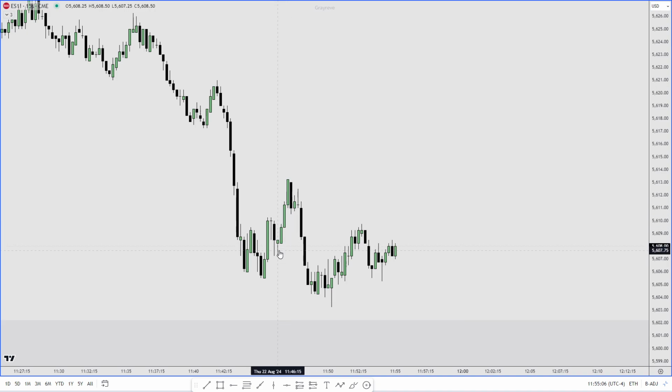We're still trading back up into this fair value gap, I mean this on the block. We have not closed above 50% yet.